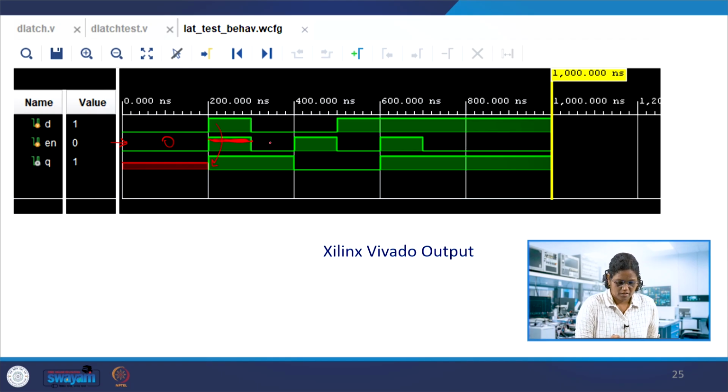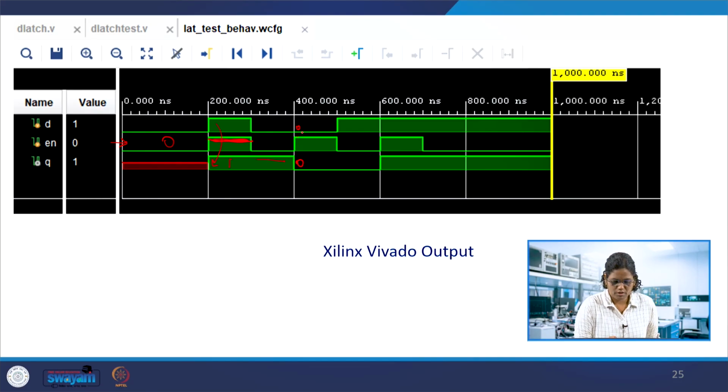And when the enable is 0, we didn't tell the code what should be done, so it retains the value, that is the 1 value; the last Q value is retained. And when enable becomes 1 again, the data is 0, so Q becomes 0.